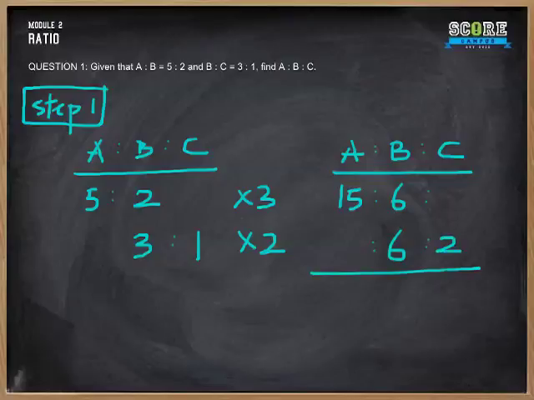So now you draw the ratio together. 15 is to 6 is to 2. And that is your final answer. It all revolves around B's values because both the values for B are given. Then you have to play around and find that relationship. Understand the concept and all the other questions will be easy for you.